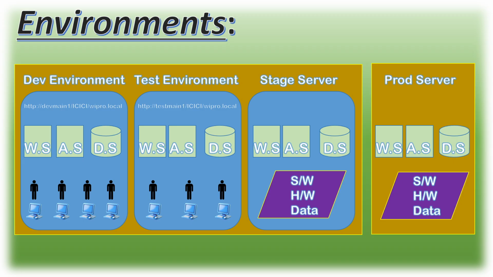The test engineers also have the same kind of systems. But the stage server is completely different. It is highly configured, compared to these local servers, and the production server is completely highly configured.